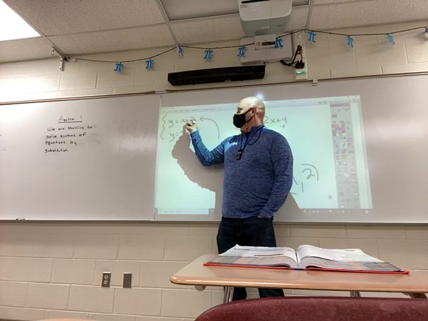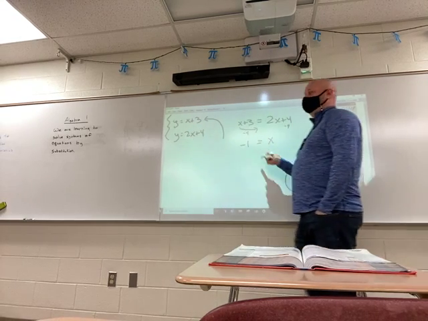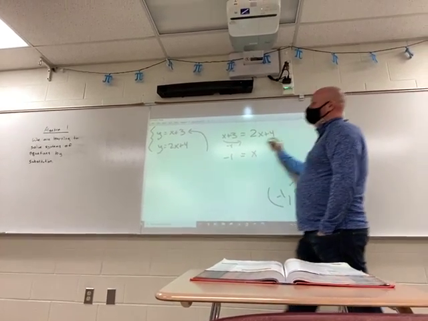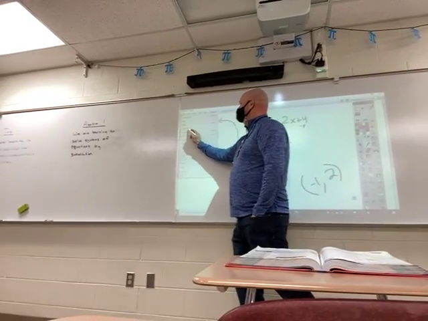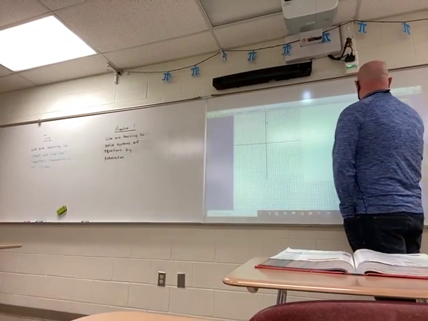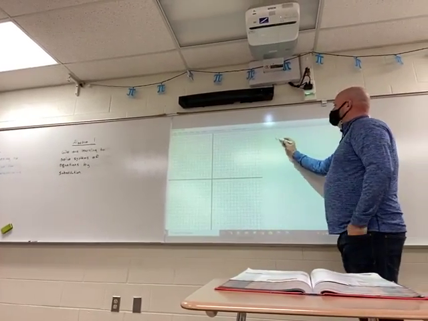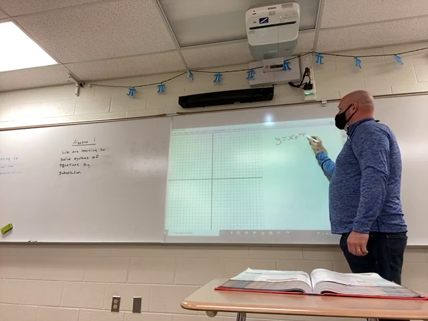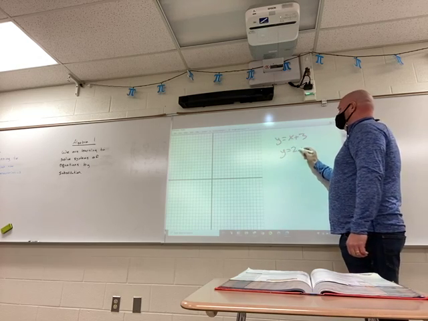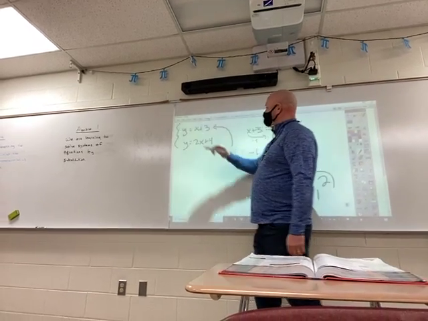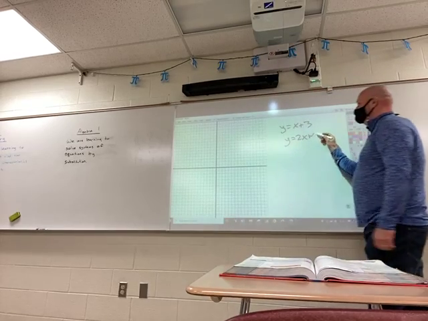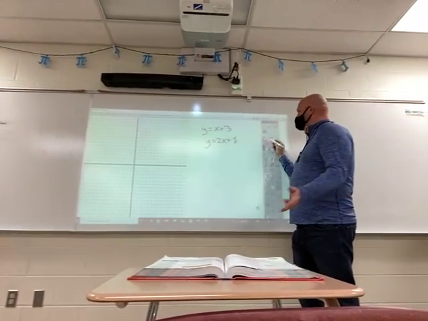I don't care if you do this problem with the substitution method or the graphing method. If the problem was y equals x plus 3 and y equals 2x plus 4, graphing method, this is not a hard problem.